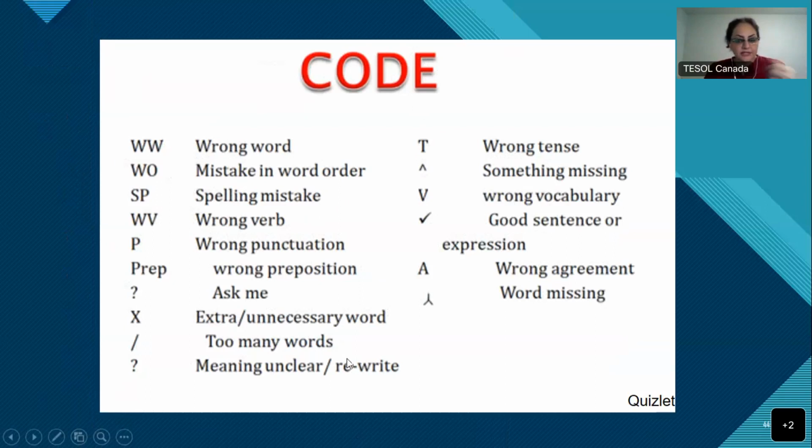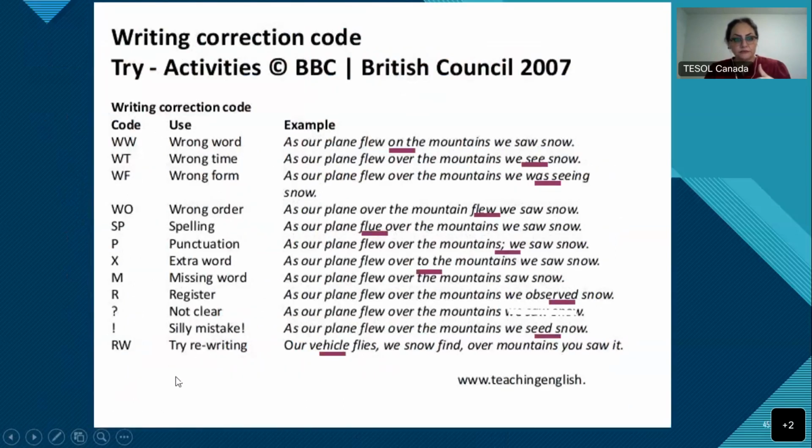Like here's an example. WW means wrong word. WO means mistaken word order. SP means spelling mistakes. Wrong verbs, wrong tense, wrong punctuation. Too many words. It's unclear. Or word missing. Like this one.